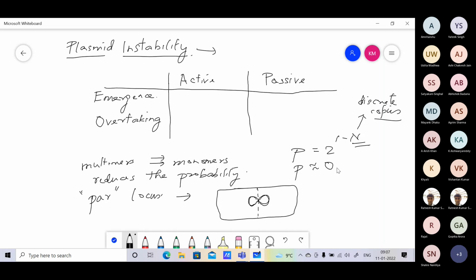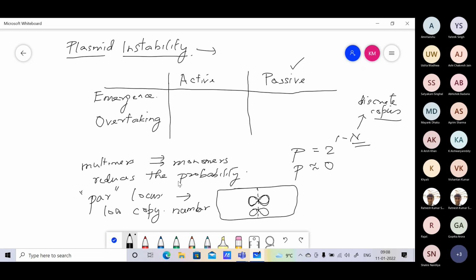And it is close to 0 because this happens with low copy number plasmids. And low copy number plasmids interestingly turn out to have very high stability, primarily because the daughter cells inherit one plasmid each out of a pair. So if there are 2 pairs, two plasmids will go to each of the daughter cells. So the PAR locus also is a passive mechanism. It reduces the possibility of emergence of plasmid free cells. Is this clear? This is what we were talking about in the last class.